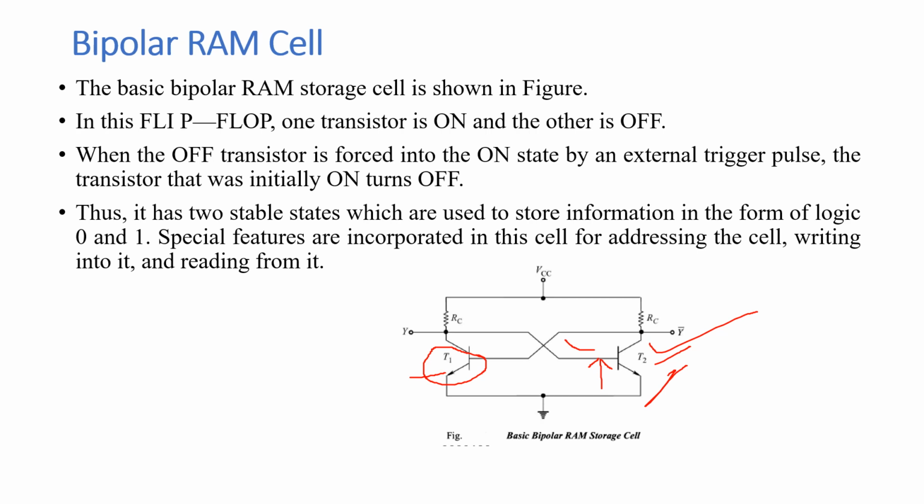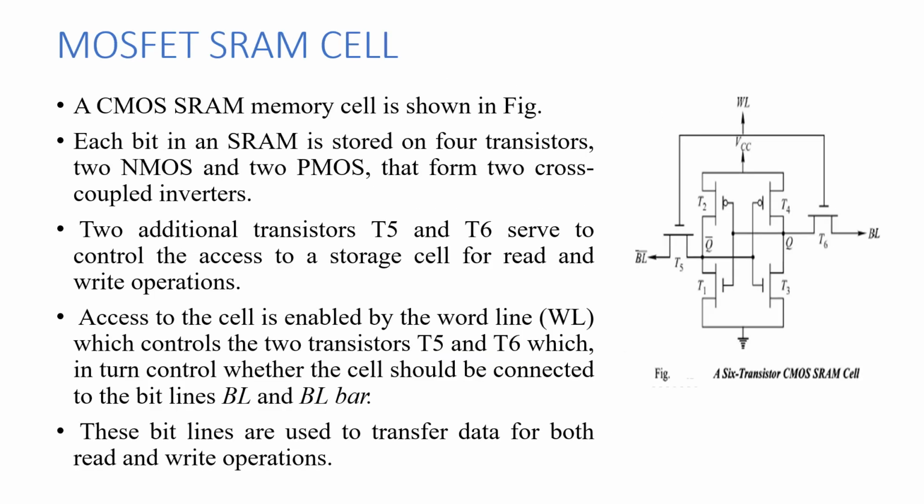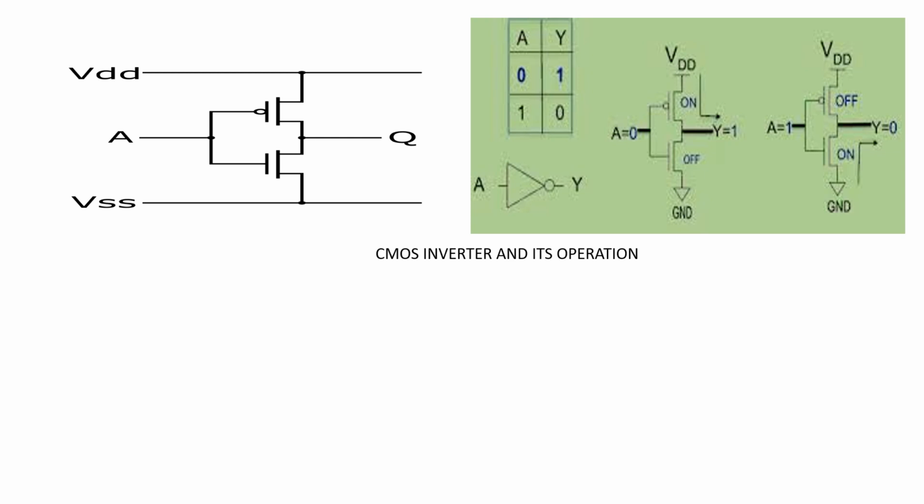Special features are incorporated in this cell for addressing the cell, writing into it and reading from it. So if you draw this inverter separately, it looks like this circuit. Suppose A equals 0, then the PMOS transistor will be on and the NMOS transistor will be off.